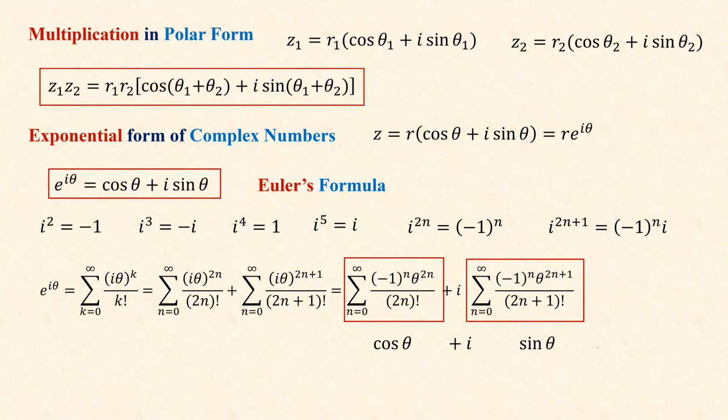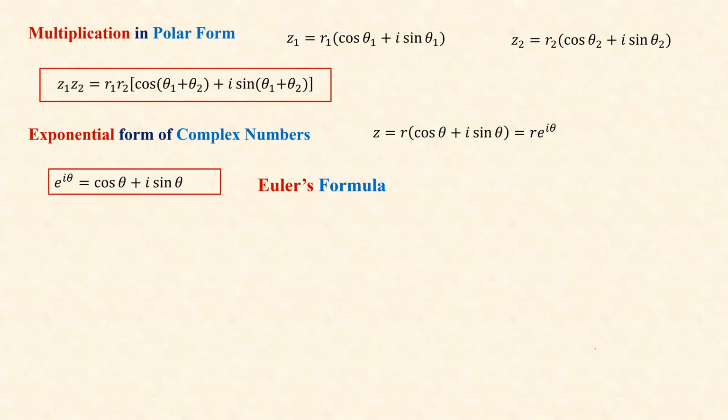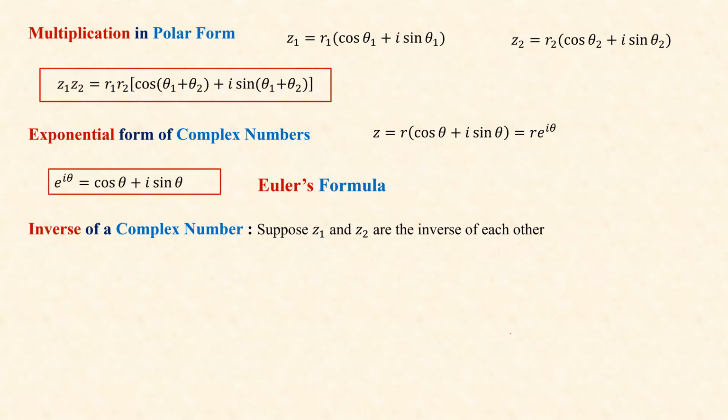All right. So how do we define the inverse of a complex number? Of course, we already did that in Cartesian form, how to do 1 over z, but we want to do that in polar form. Suppose z1 and z2 are the inverse of each other.